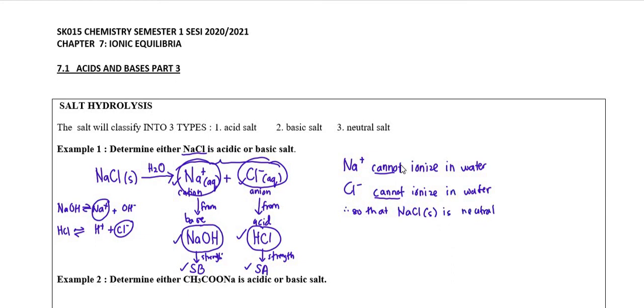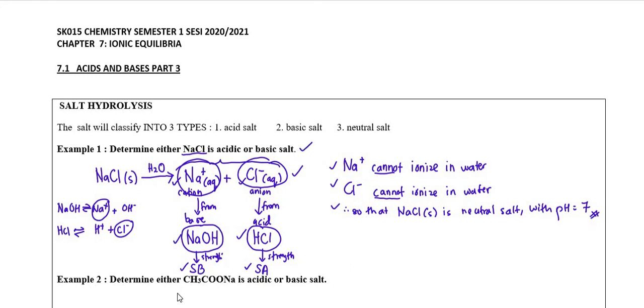Okay, kalau both adalah cannot, so they are neutral salt. Neutral salt which is with pH equals to 7. So you just write this statement, and this statement to answer for this question.